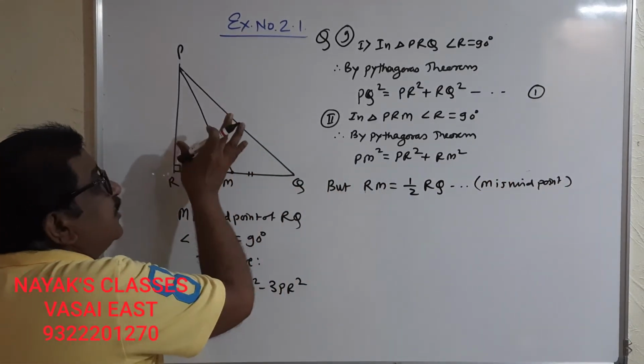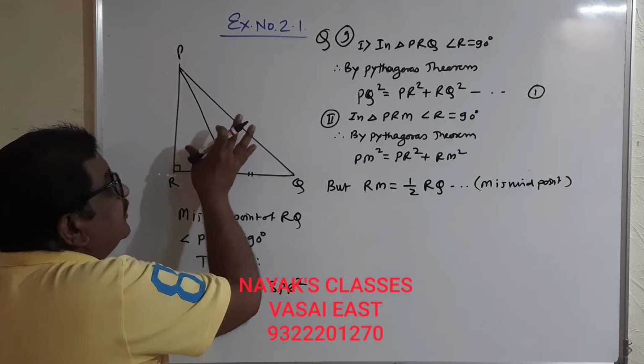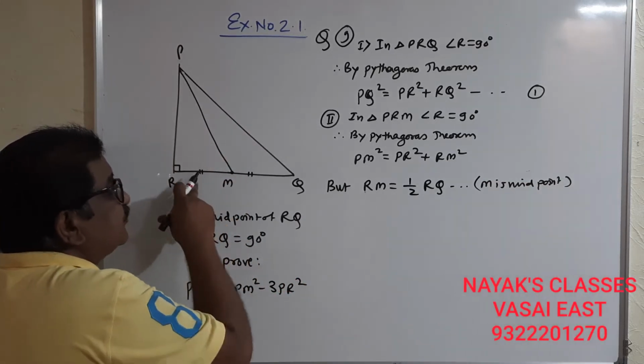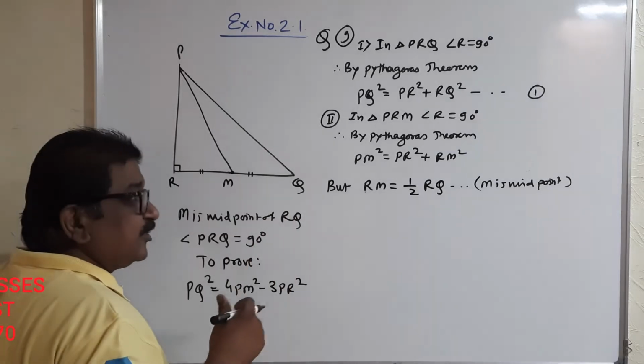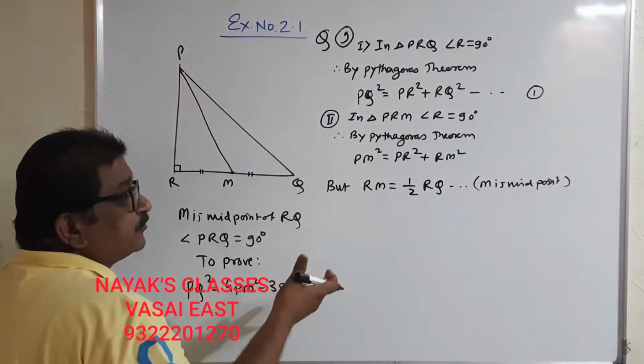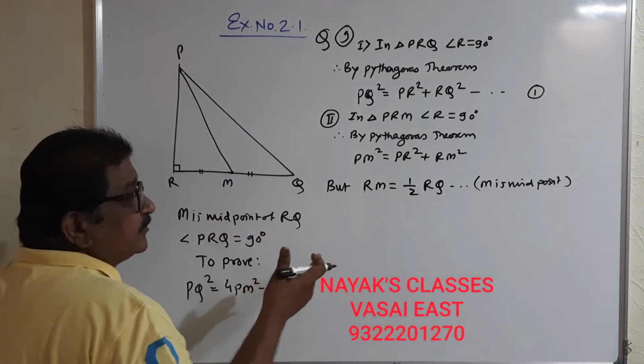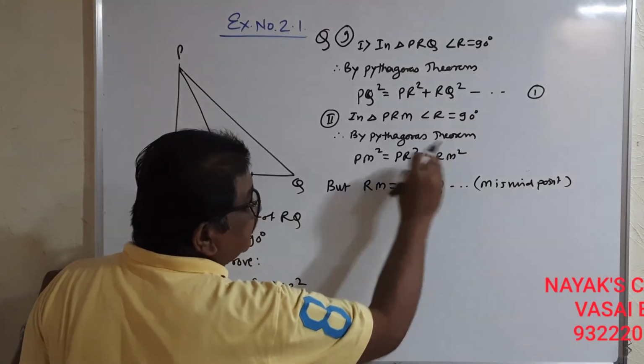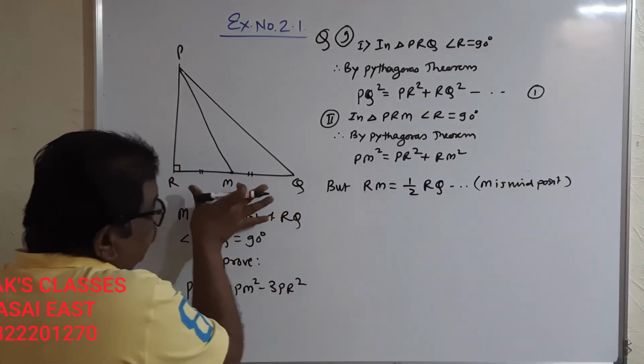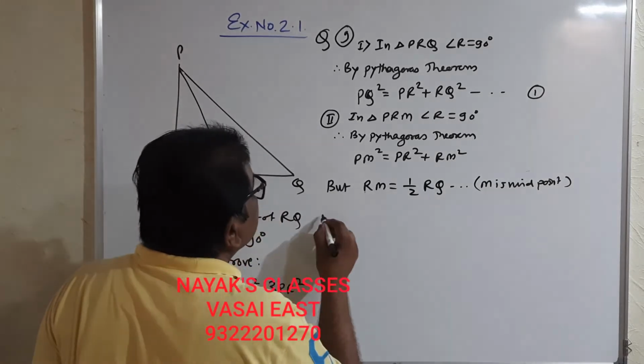See, first we have taken the larger triangle, then the smaller triangle, applied Pythagoras theorem, and we got another thing, that RM is nothing but half RQ, because M is a midpoint.